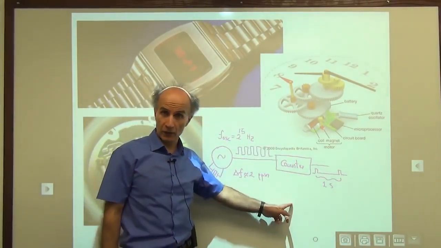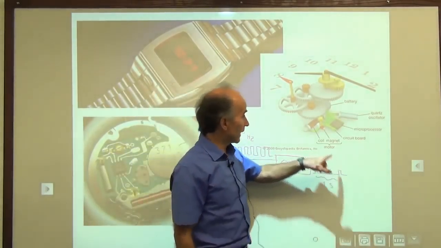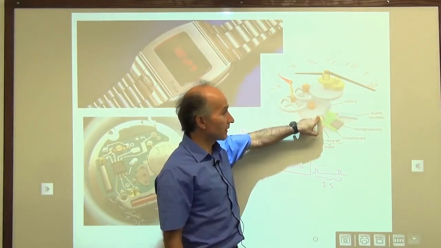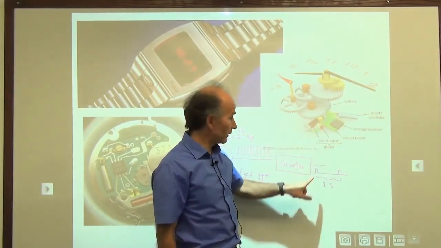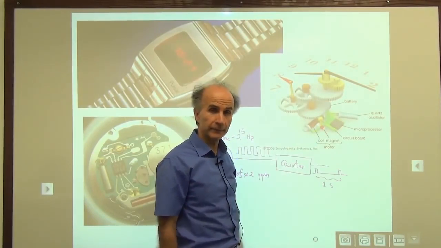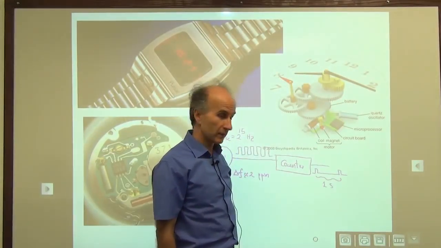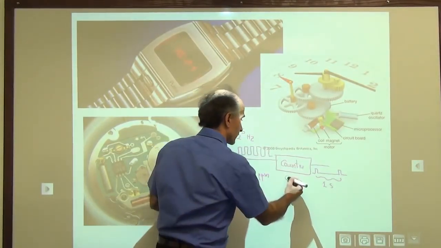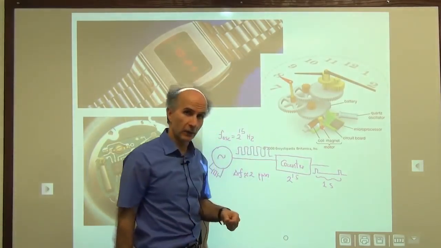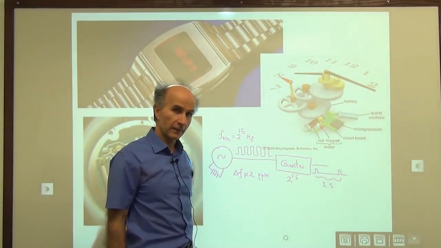Now that 1 second is good, because that 1 second drives this coil, and this coil activates this gear. So every time there's a pulse, the second hand moves by 1. All right? So we say this counter divides the frequency by 2 to the 15.